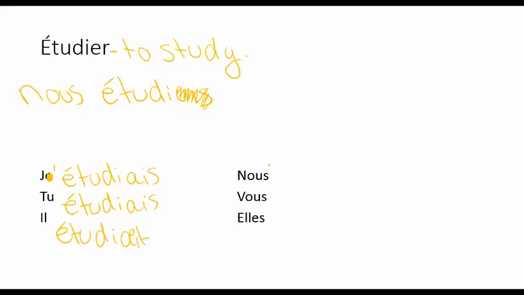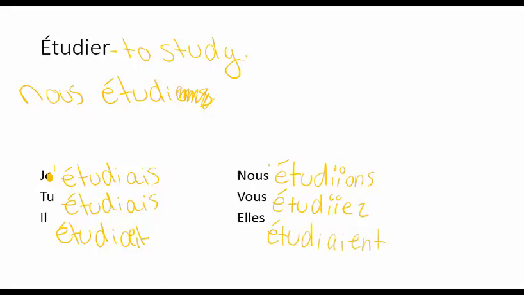Missed a letter. Nous. Now I'm going to go slow here. Étudi, on. Étudi, yay. And then somewhat back to normal. Étudi. Alright, so yes, you are seeing two I's back to back here.